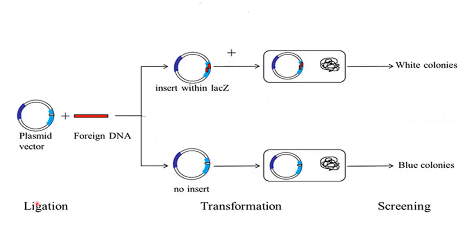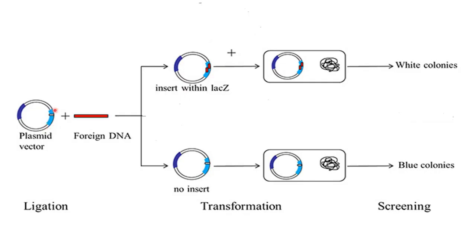Here you can see this is plasmid vector and this is foreign DNA that we need to insert in this plasmid vector, okay. So you can see these two types of plasmids will be formed here: insert within LacZ, and no insert. Here you can see this blue colored portion, this is the LacZ gene, which is coding for enzyme beta galactosidase, okay.